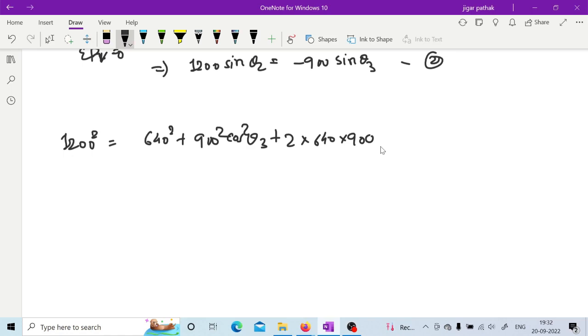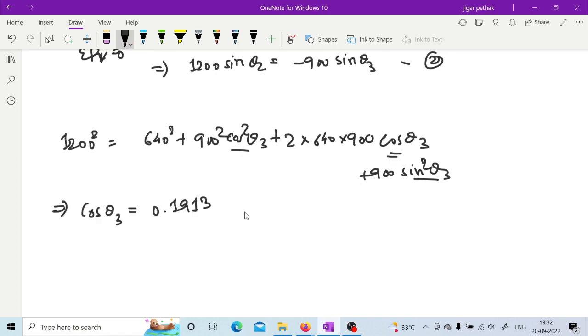Here again sin square theta 3 plus cos square theta 3 will be 1, so you will be able to find the value of cos theta 3. From this you will have cos theta 3 equal to maybe 0.1913.